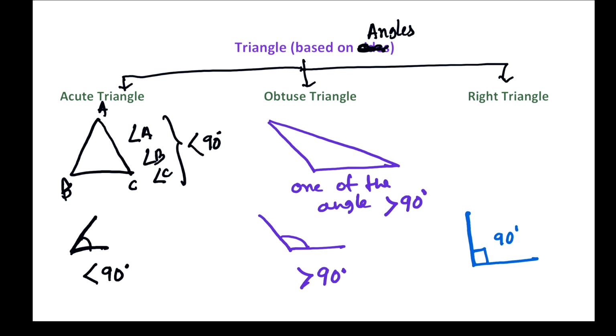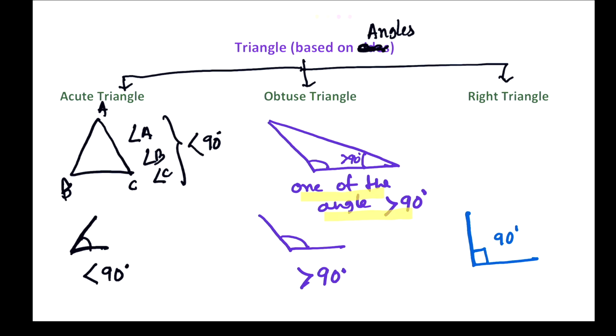But when I say obtuse angle triangle, I said one of the angles is greater than 90 degrees. So this angle is less than 90, but this angle is greater than 90. So in an obtuse angle triangle, one angle is greater than 90 degrees, but the other two are less than 90 degrees.